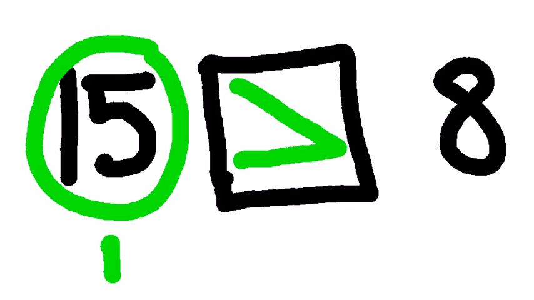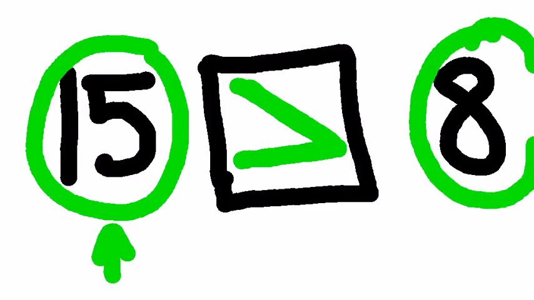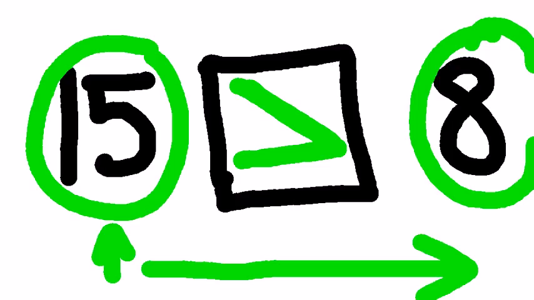Since 15 is the larger number, Al opens his mouth to 15 because he always eats the larger number. So this equation now reads 15 is greater than 8. You always read the equation from left to right.